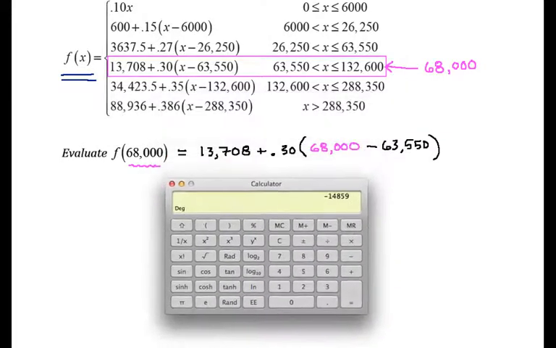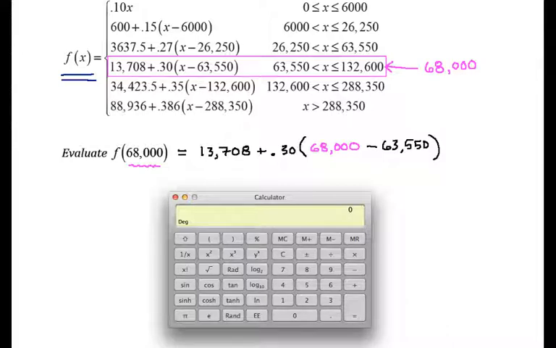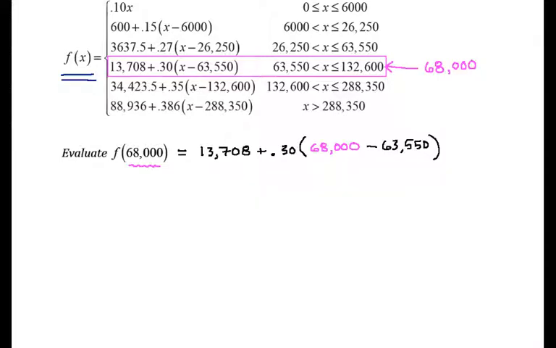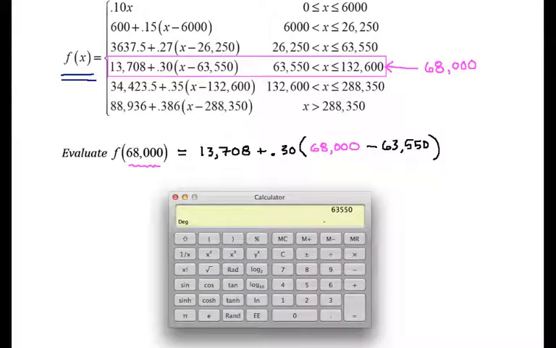I think it's always best if we can get the calculator to store everything. So I'm going to start from inside the parentheses with my 68,000 minus 63,550. Whoops, accidentally hit the background.